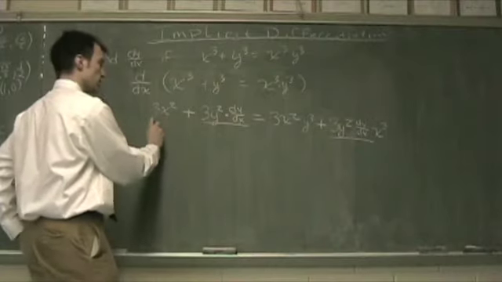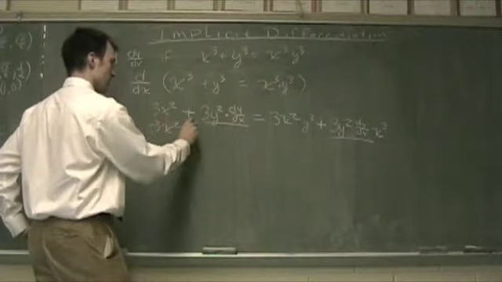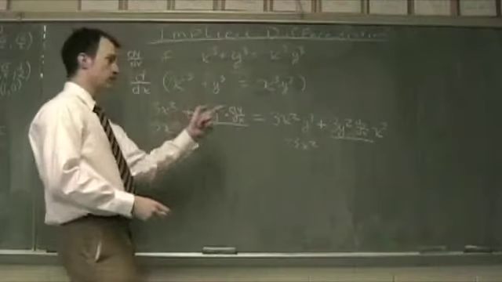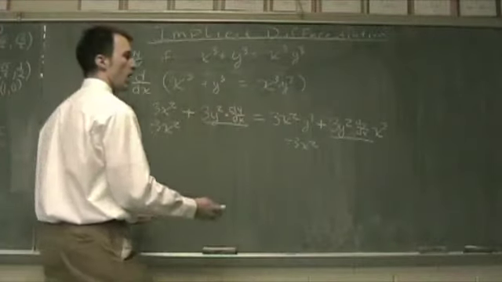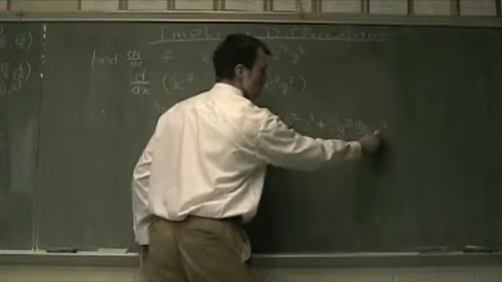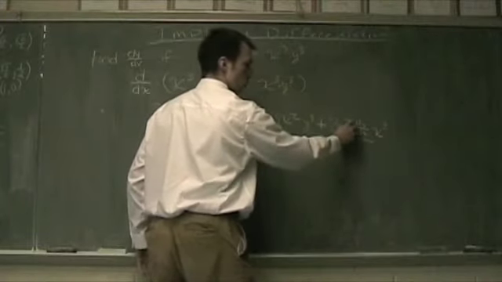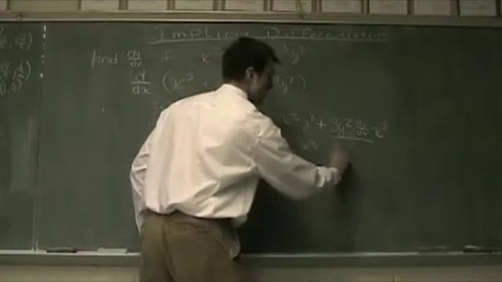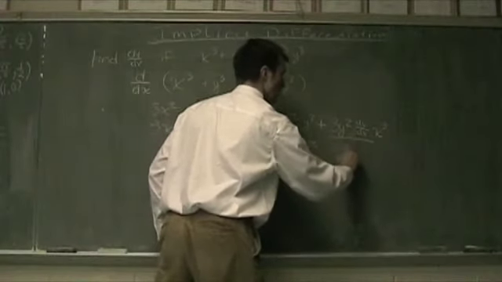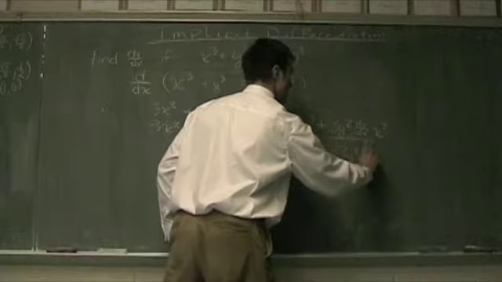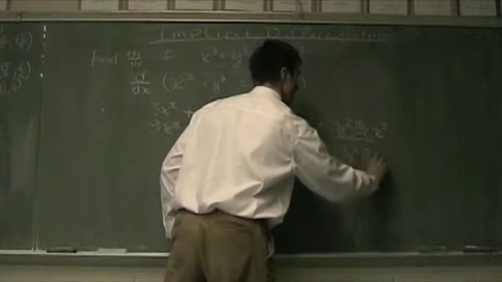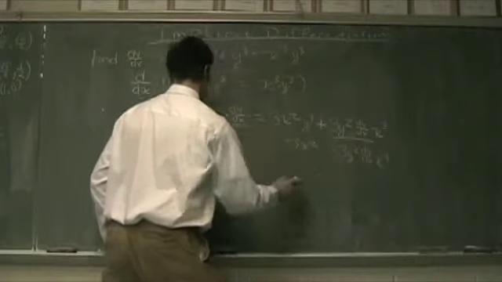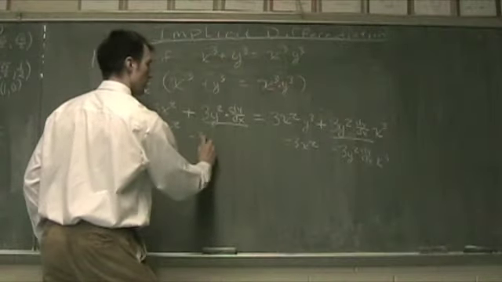So this 3x squared needs to be a minus 3x squared to both sides. Likewise, this 3x squared y cubed needs to actually come over to this side. Okay? So I'm going to actually subtract that as well. 3y squared dy over dx x cubed. So I'm subtracting that whole term from both sides.